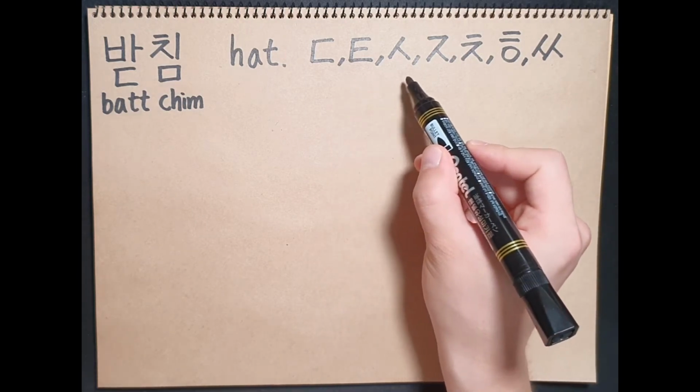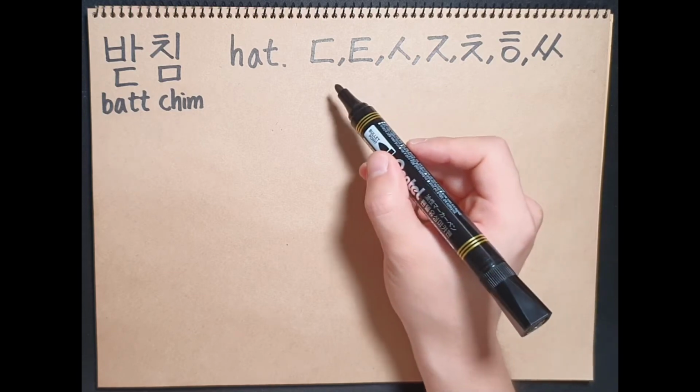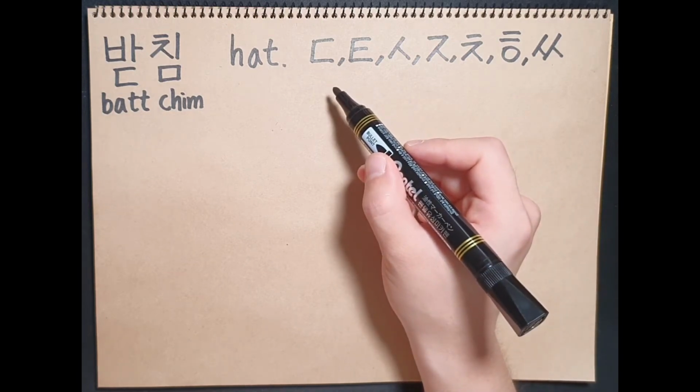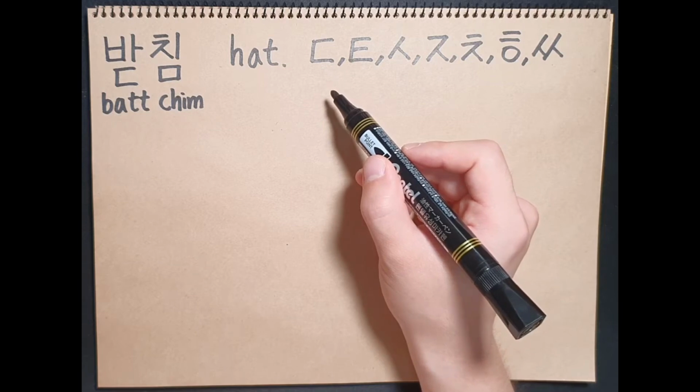So these letters, when they are 받침, or when they are at the bottom of a Korean letter, have the same ending sound like a T in English.